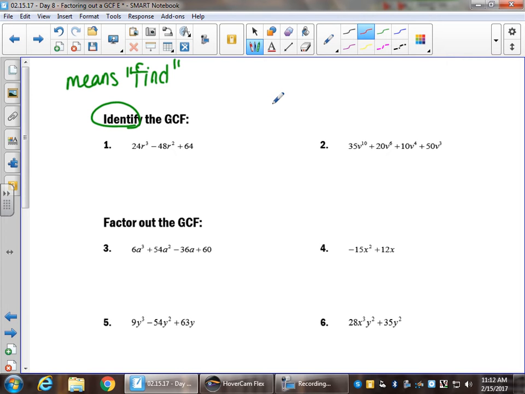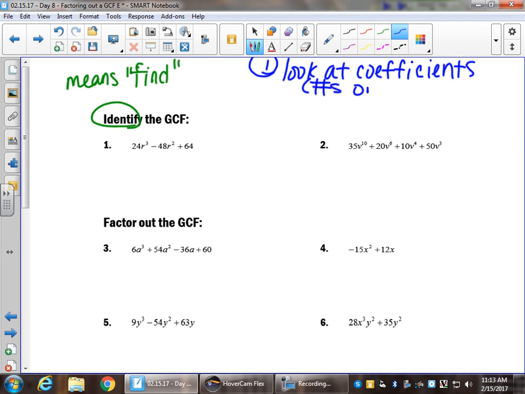The first thing that you're going to do is look at the coefficients. Look at coefficients first. The second thing is you're going to look at the variables.